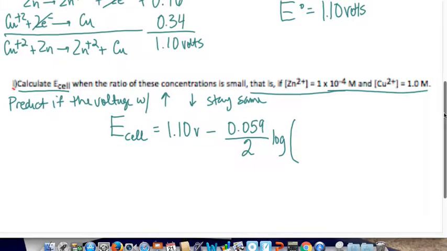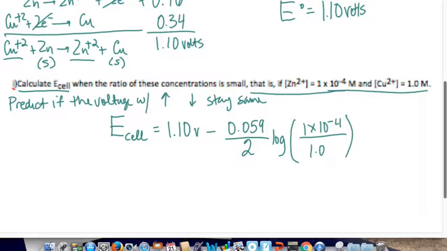Here's what's cool about this. Both electrodes are what state of matter? Solid. Do we put solid stuff in equilibrium expressions? Nope. So we just have to do basically concentration of zinc raised to the first divided by concentration of copper raised to the first. Okay? So concentration of zinc is 1e negative 4. Concentration of copper is still 1.